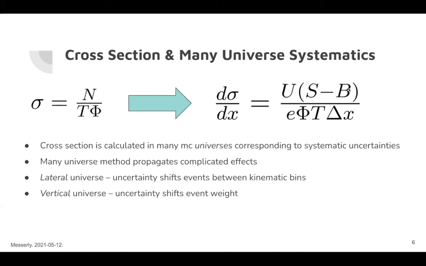And maybe you may tweak more than one source of systematic at once in a single universe. But the simplest way to think about it is you have some uncertainty on a calibration parameter, you tweak it, and you propagate that parameter tweak all the way through the simulation, and you reperform this entire cross-section calculation with just that single tweak.